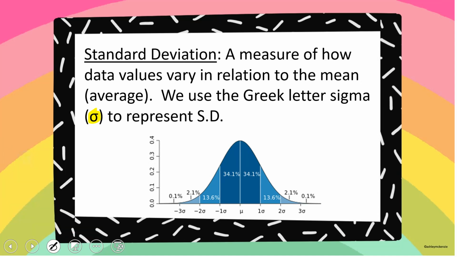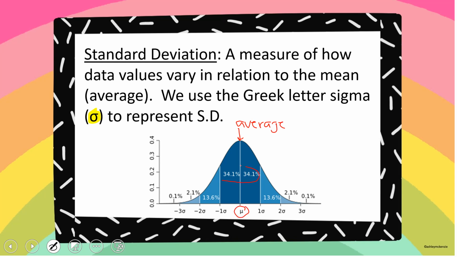When we look at standard deviation, a lot of times we get this image here, which is well known as a bell curve. And so on a bell curve, this is your average.